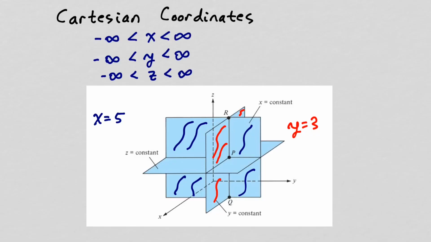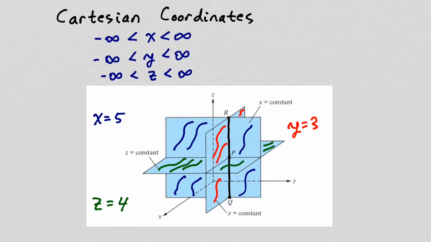So with x equal to 5 and y equal to 3, I have defined two surfaces, and these surfaces intersect along a line, that line being right here. Now let me say z is equal to 4, so again x and y can take on any values, and z equal to 4 would define this plane, this surface that I'm shading here.